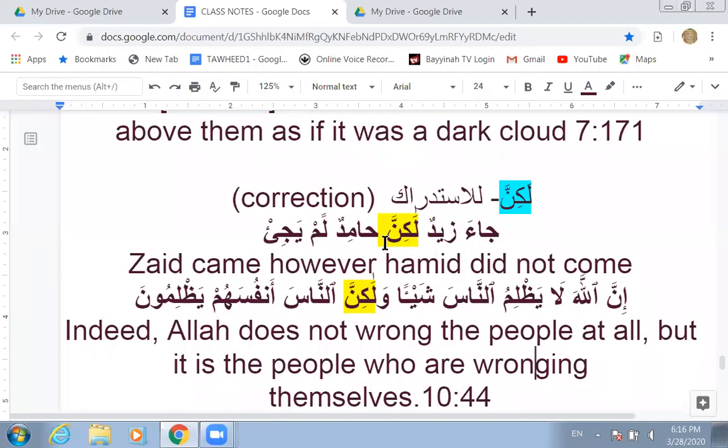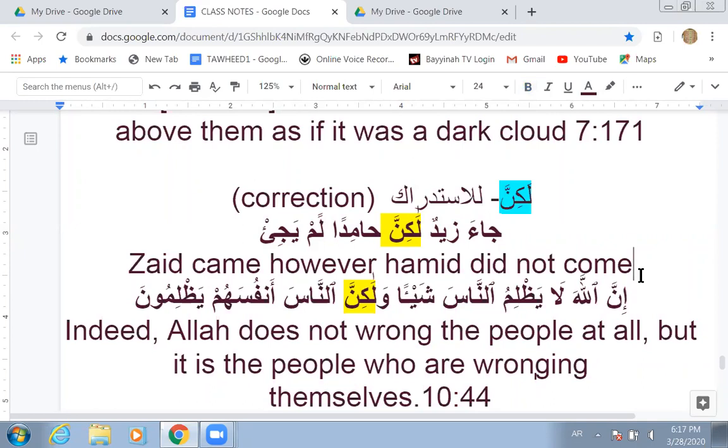Now to clarify that confusion, lakinna has come as a clarifier, as harf istidrak, and then another sentence is added: lakinna Hamidan lam yaji. So Zaid came, but Hamid did not come.